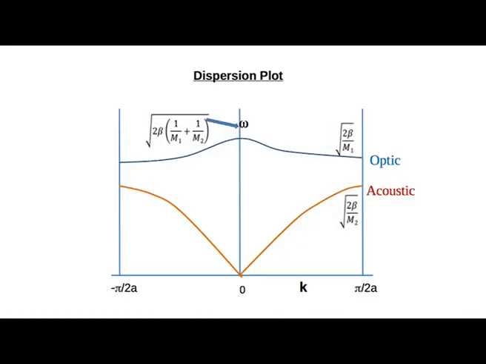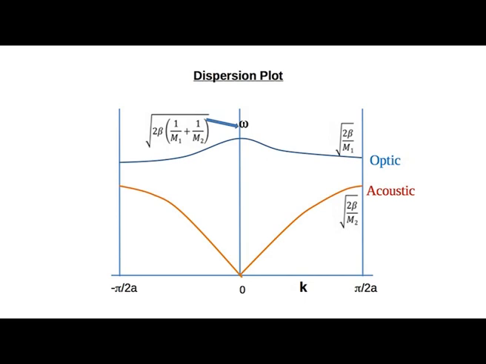The branch shown in the red line in the image is omega minus, which has a 0 at k equal to 0, and correspondingly at k equal to pi by 2a you have root of 2 beta by m2. So, that is the red branch in the dispersion plot.